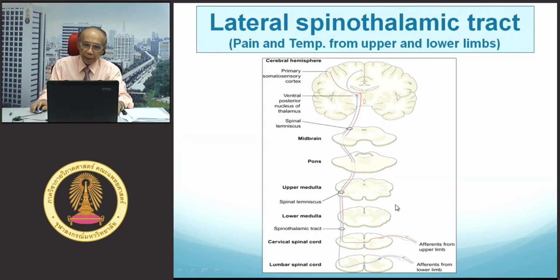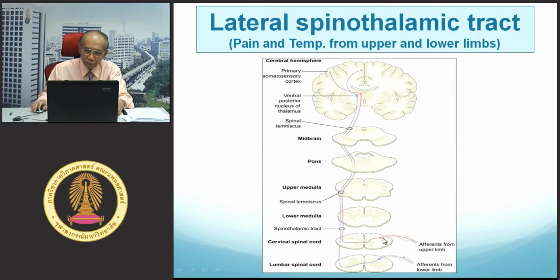Now, look at the lateral spinothalamic tract, which conveys pain and temperature sensation from the upper and lower limb. The first order neuron is located in the dorsal root ganglion. The second order neuron is located in the dorsal horn.